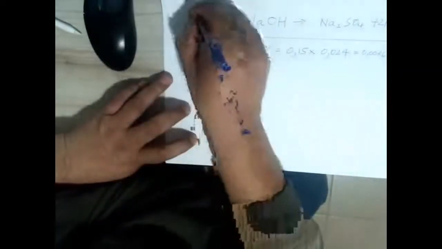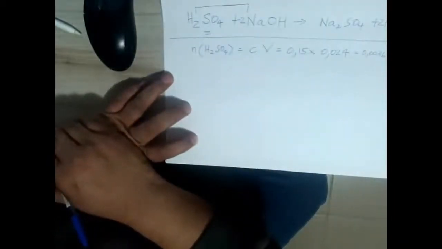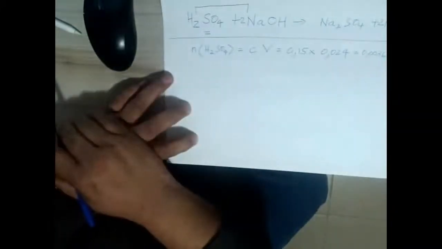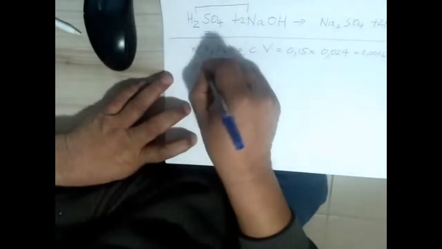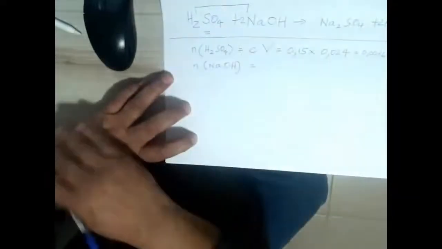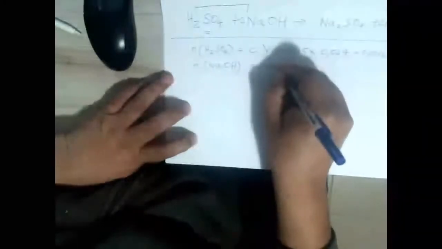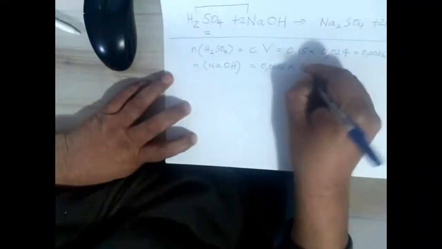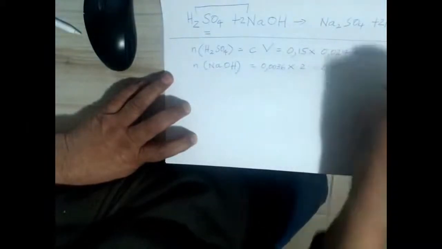Right, so now I have the moles of sulfuric acid, and what I look at is the mole ratio, and I see that the mole ratio of sodium hydroxide to sulfuric acid is 2:1. Right, which means that the moles of sodium hydroxide is equal to 0,0036 multiplied by 2, which is 0,0072 moles.